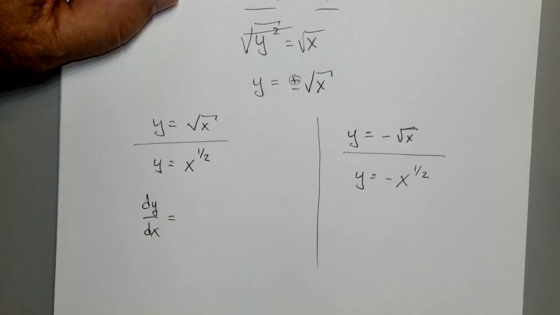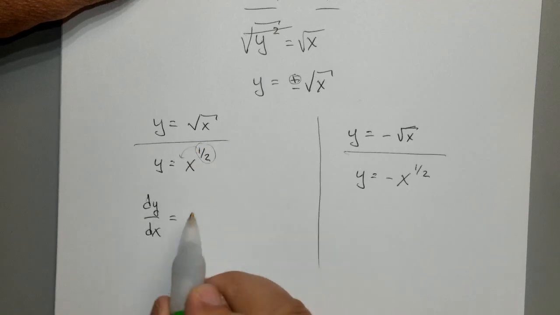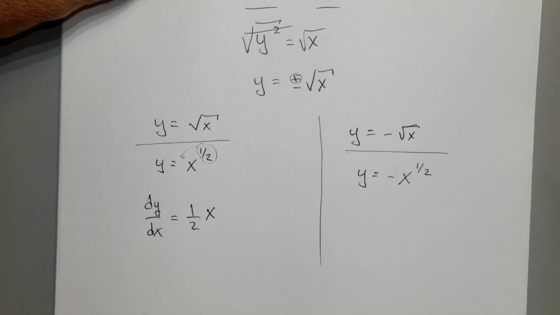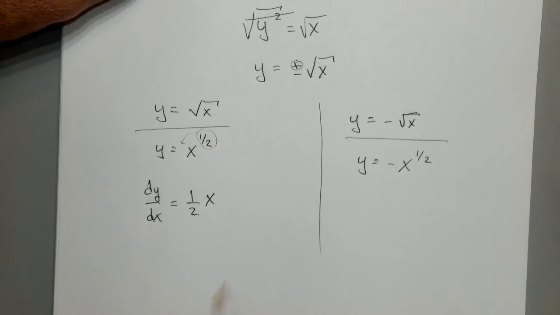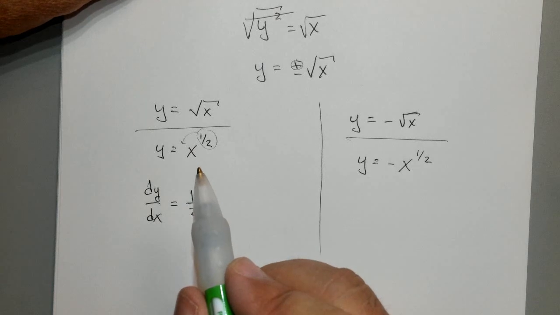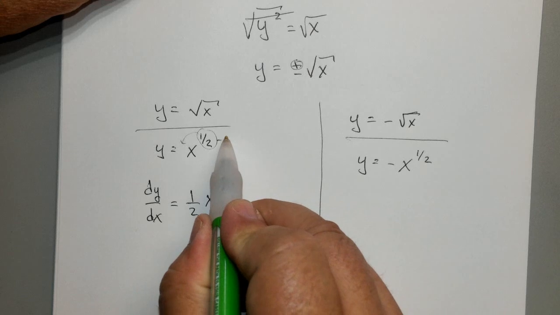Now we take a derivative of it. Bring that down. What happens to the exponent? Subtract what? Subtract by 1, not 1/2, yes.